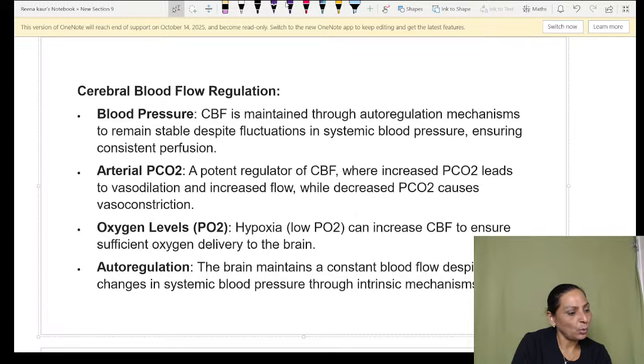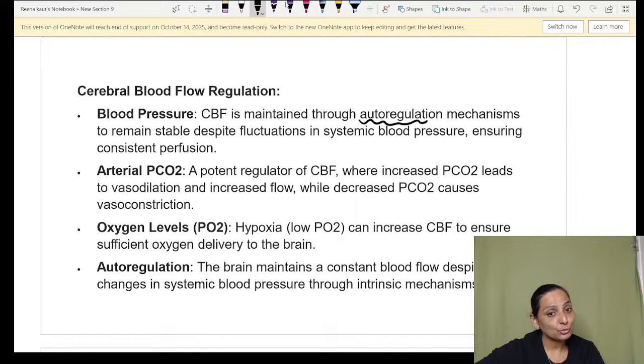Cerebral blood flow also shows autoregulation. That means despite fluctuations in the systemic blood pressure, it still maintains a consistent perfusion.